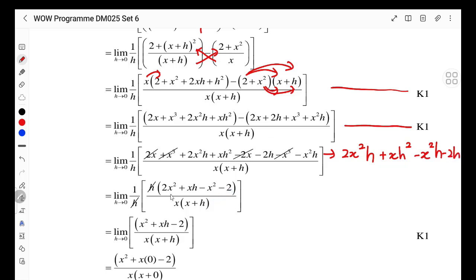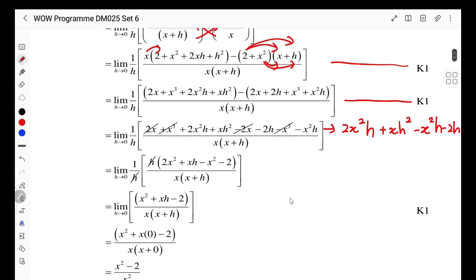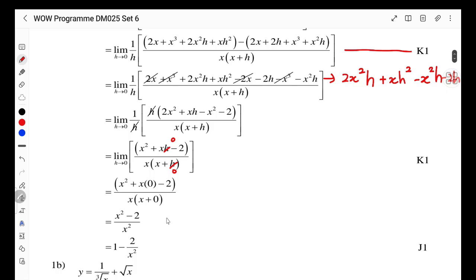And after you simplify, 2x squared minus x squared, you get x squared. So x squared plus xh minus 2 over x plus h. So as h approaches 0, this becomes 0, this one becomes 0. So you will get your answer x squared minus 2 over x squared.